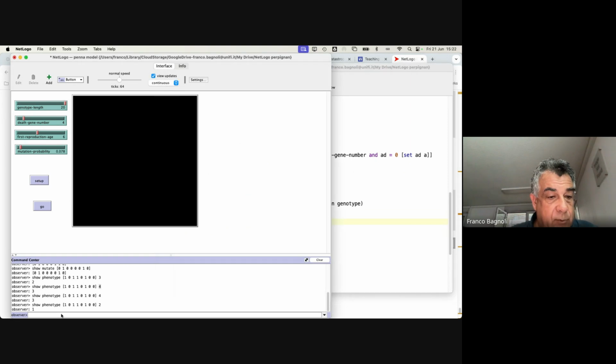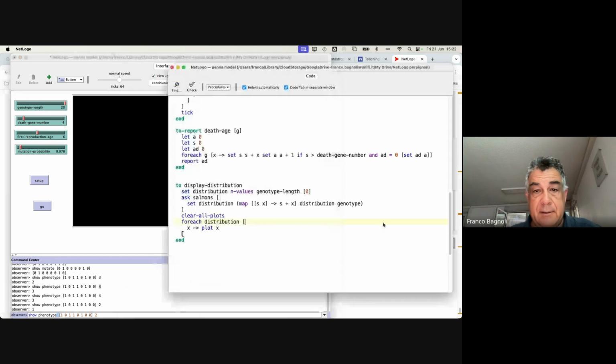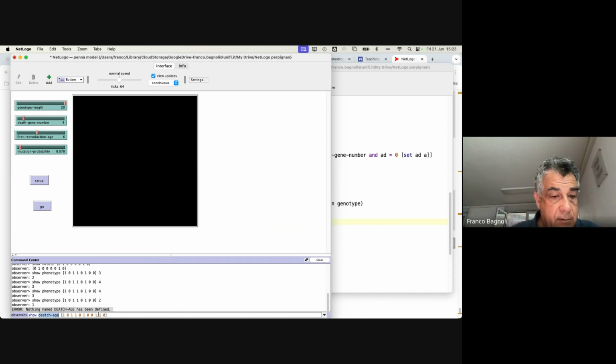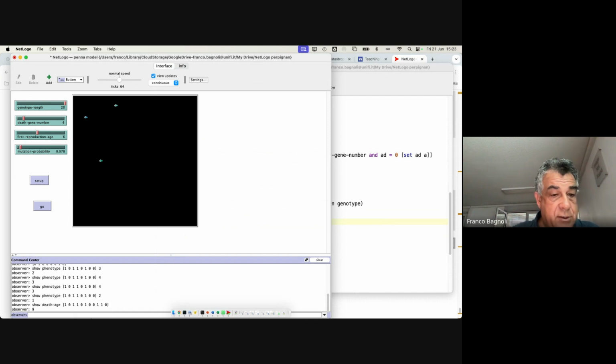So let's try to find the show and death age of this. Maybe we can add some more. The age 0 1 2 3 4 5 6 7 8 9, but that gene number is 4.